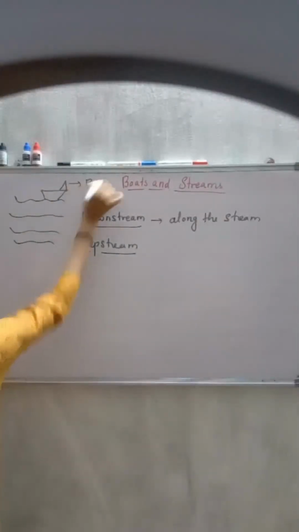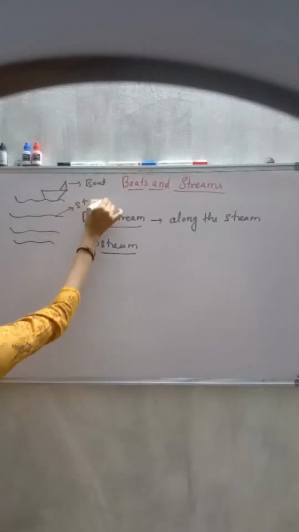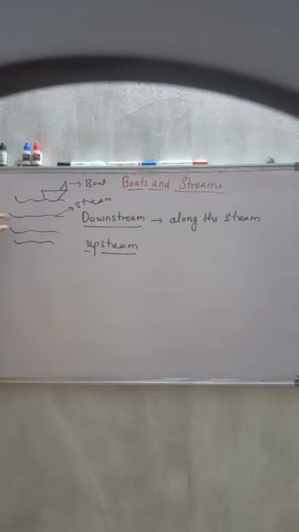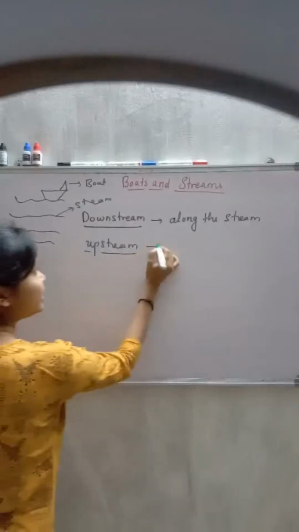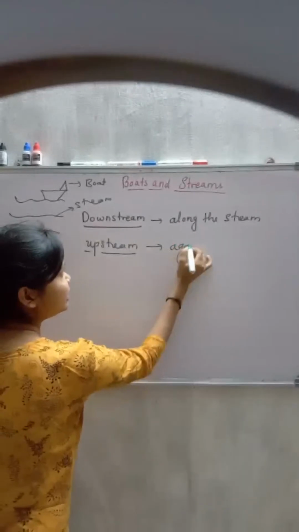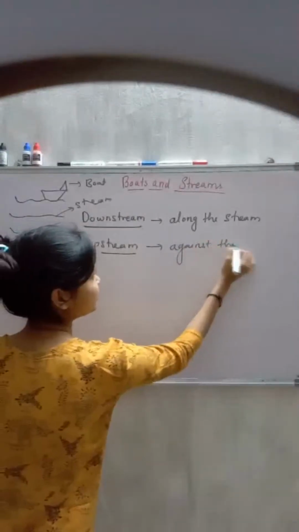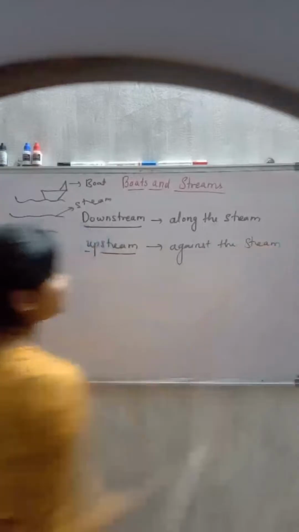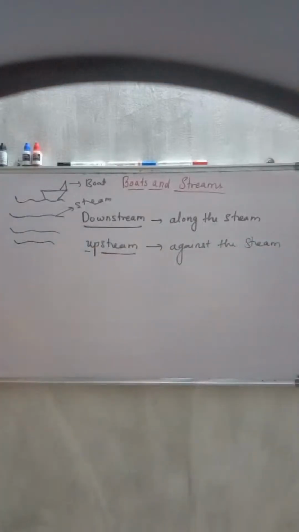Okay, so it will have its own speed, and whenever the direction of this boat is along the stream, then that speed is known as speed downstream. And when this speed is against the stream, then that speed is known as upstream. Okay, so direction along the stream, downstream. Direction against the stream is upstream, along the stream is downstream.